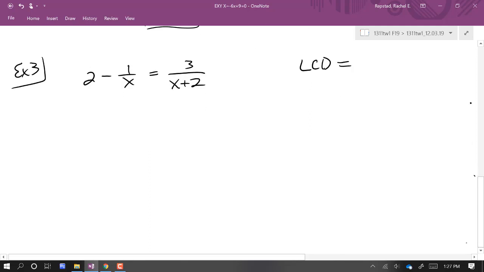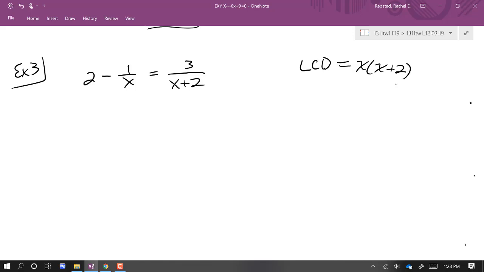X plus 2 is included in the LCD, and then multiply that by x, so x times x plus 2. X and x plus 2 are relatively prime, right? They share no divisors in common. So we need to grab them both. Of course, the denominator is just 1 here, so we don't need to grab anything there.